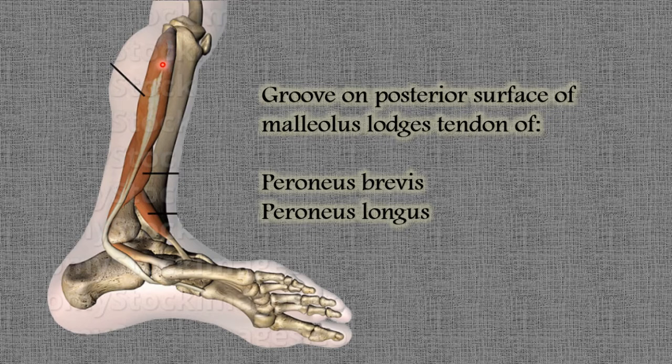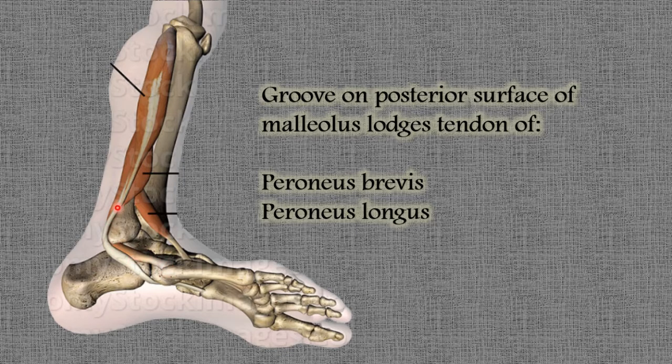This originates from its upper part and it goes all the way behind the lateral malleolus, and it goes under the foot, and it inserts onto the base of the first metatarsal, whereas the Peroneus brevis arises from the lower half of the lateral surface, and then it goes behind, situated within the groove of the posterior surface of the lateral malleolus, and it inserts onto the fifth metatarsal.